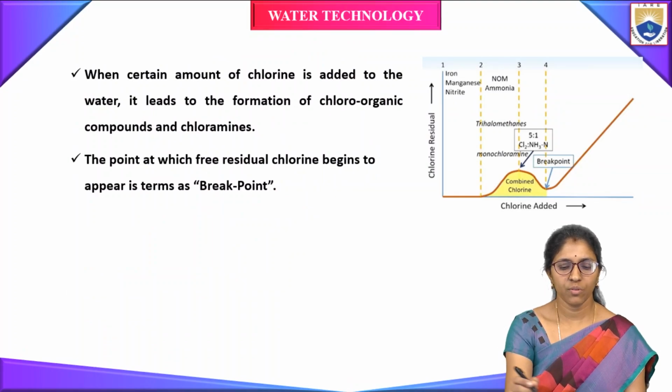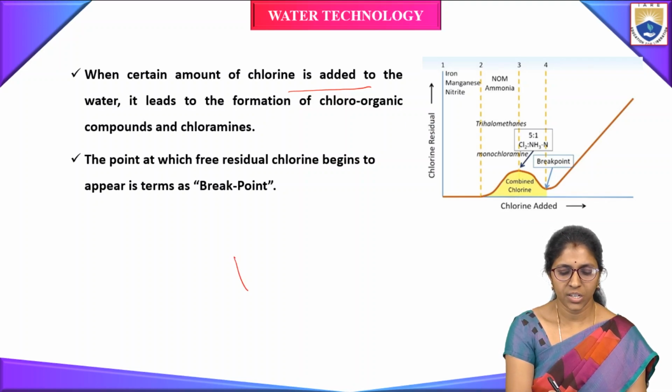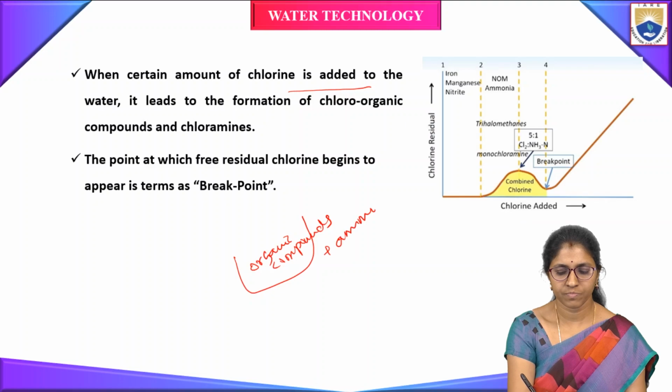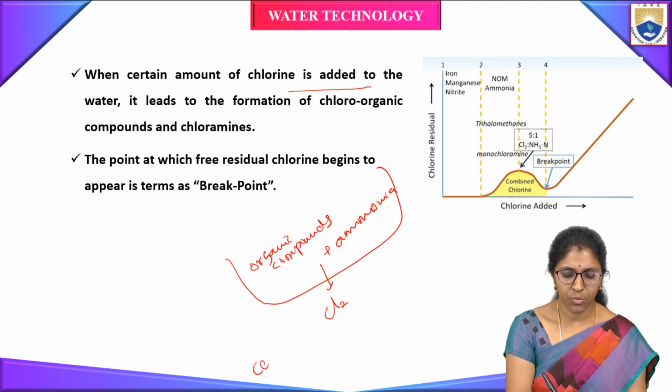When a certain amount of chlorine is added to the water, it leads to the formation of chloroorganic compounds and chloramines. When water has organic compounds and ammonia, we have to add a particular amount of chlorine.